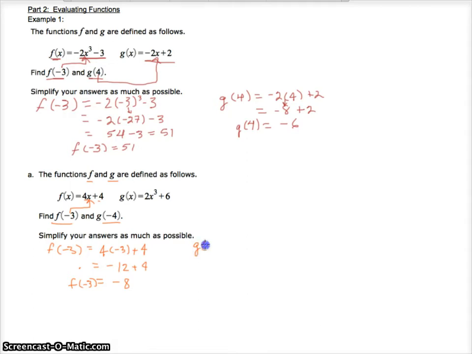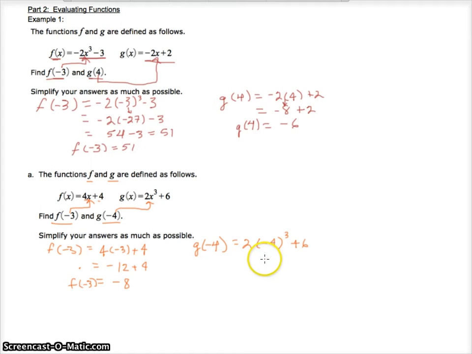Next we have g of x. So we're going to look at g of negative 4. So I'm going to plug negative 4 into the x value of this function rule. So I have 2 times negative 4 to the third power plus 6.